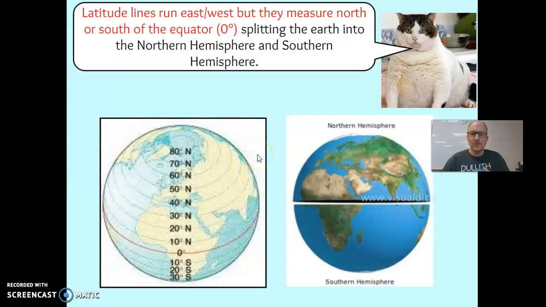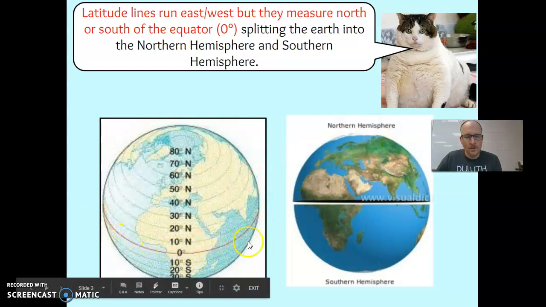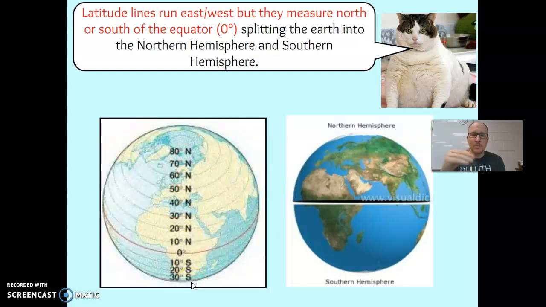Okay, so the first rule is we're going to start with lines of latitude. Lines of latitude run east and west, but they measure north and south. Meaning, if we have the equator here that runs at 0, we're measuring lines that are above that and lines that are below that. So even though the lines run east and west, we measure north to south.